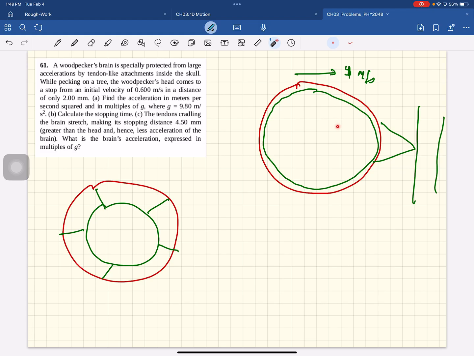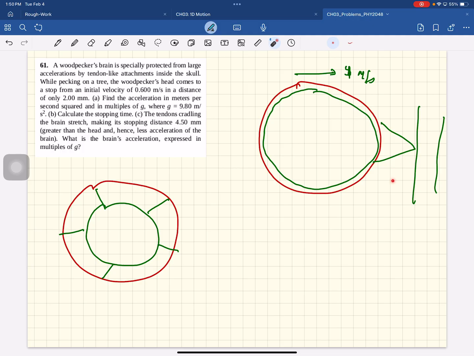What was the velocity of the brain? 1 meter per second. And then the brain runs into the skull, which stops it. It's soft tissue, so it stops over a small distance, and the brain gets crushed. You do it a million times a day, you're going to damage the brain.